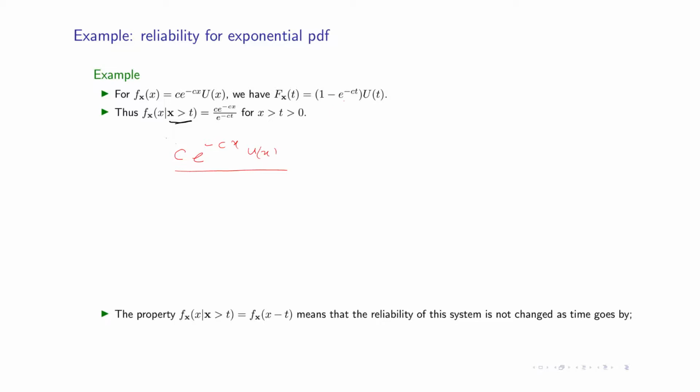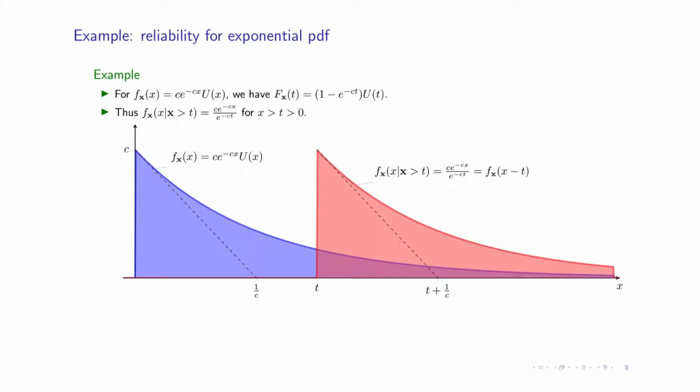So 1 minus this function will become e to the power minus ct and u(t). So I could say that this is valid for x bigger than t and bigger than 0. So this is going to be equal to this function.